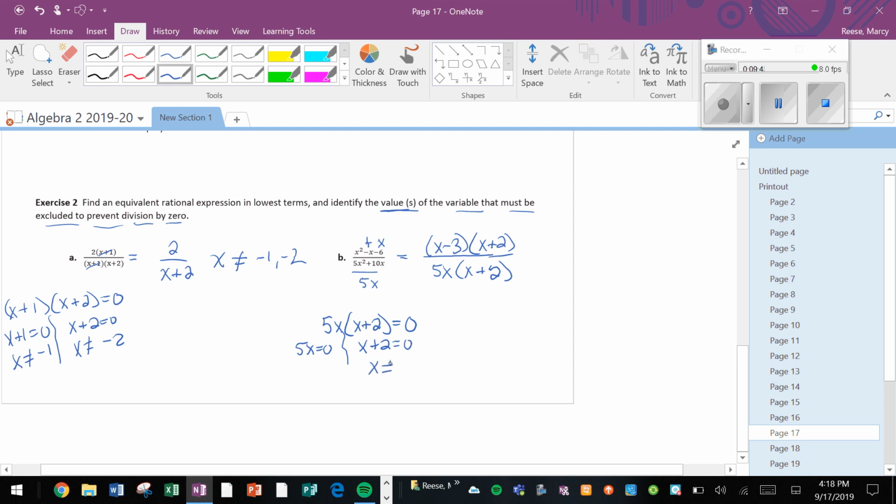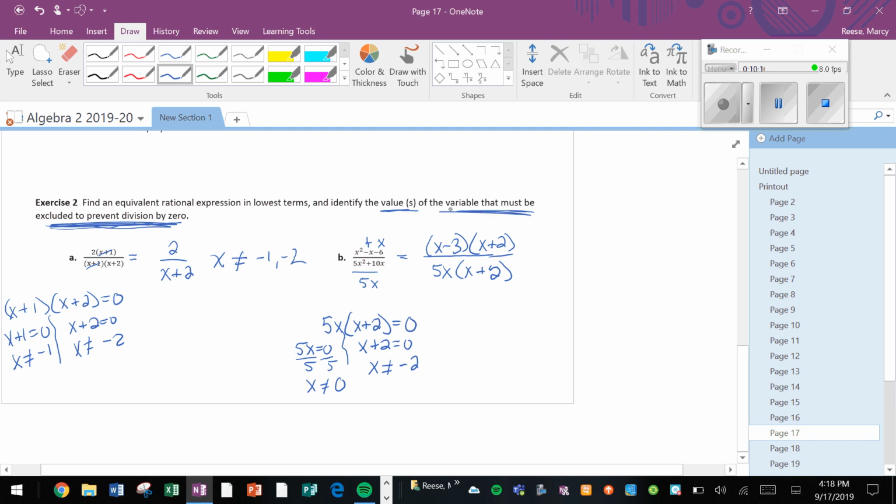So x cannot equal -2 here, and when I divide by 5, x cannot equal 0, because 0 divided by 5 is 0. So if 0 or -2 were part of the solutions in the original problem, it would make the denominator 0, and that's a no-no. That's that exclusion part, right? Remember these directions here.